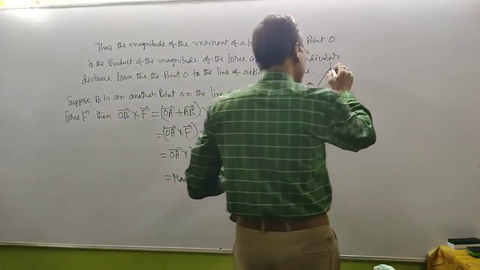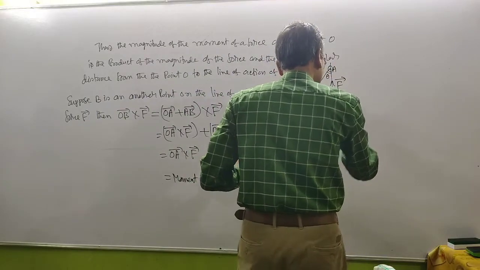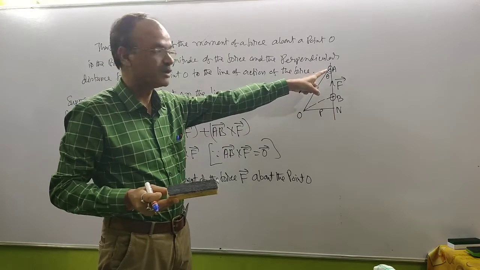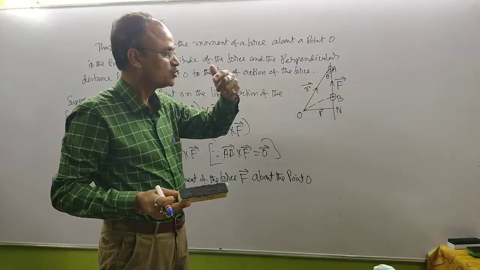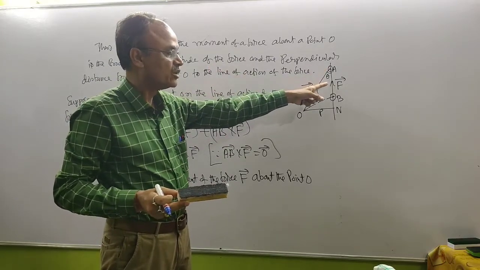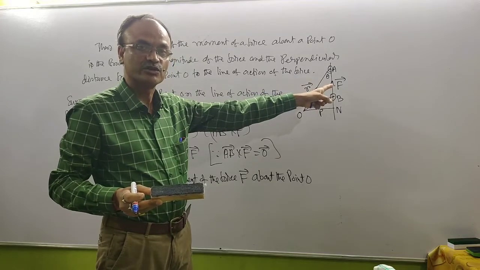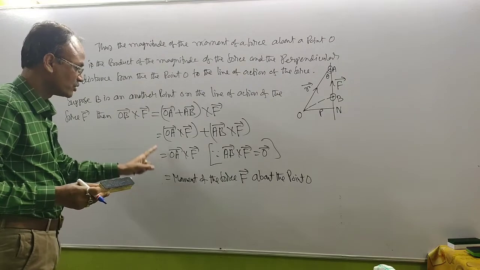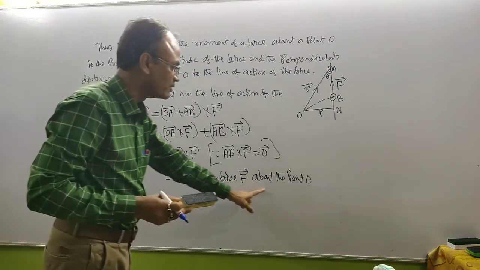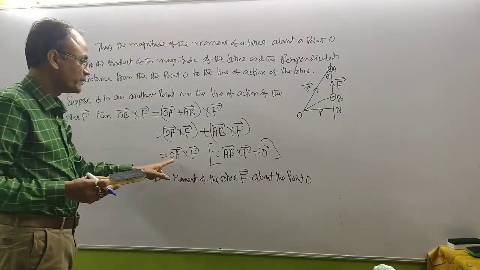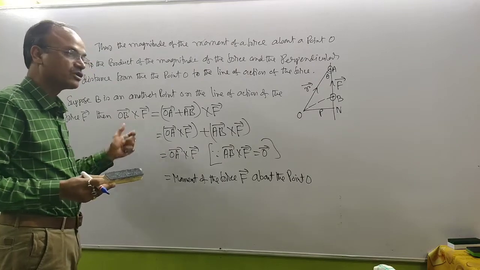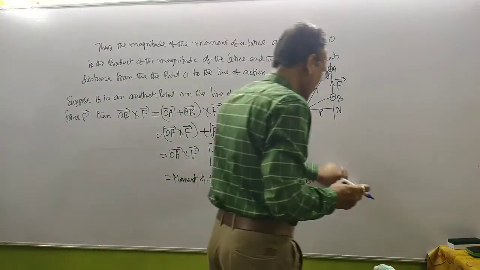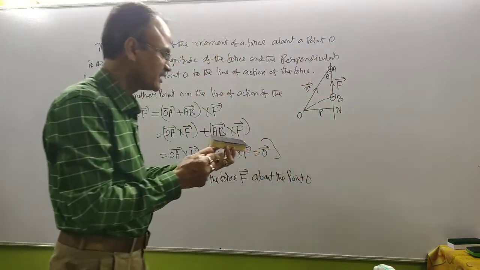Therefore it is independent of the point A. You may choose any point on the line of action of the force F. OA vector cross F vector equals OB vector cross F vector. It is the moment of a force about the point.